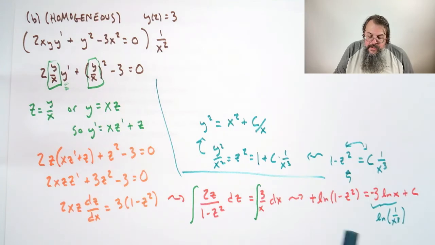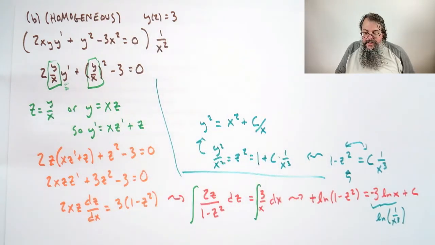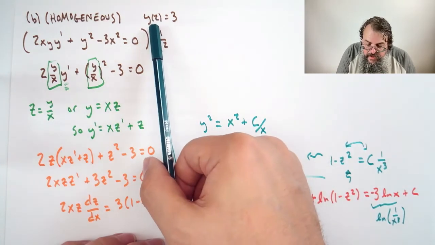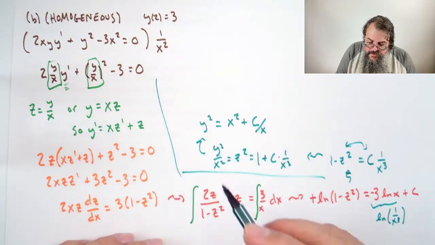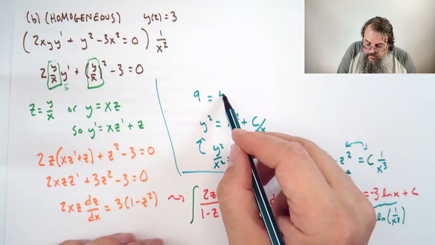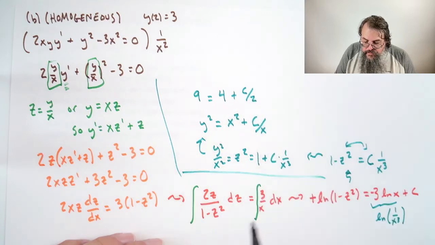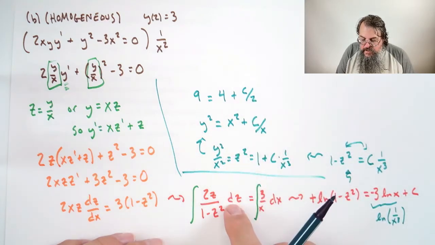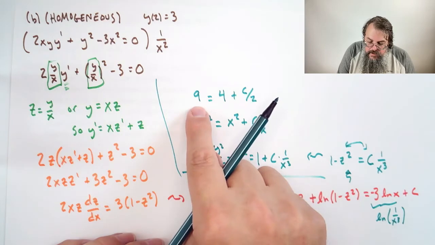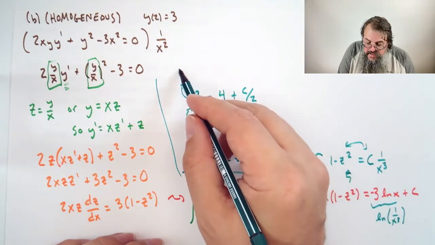And now we can actually solve for our constant because we can plug it in. So when we plug in x equals 2, we should get y equals 3. So we have that 9 is equal to 4 plus some constant over 2, 2 squared, 2. So subtract 4, multiply by 2. This says c equals 10.